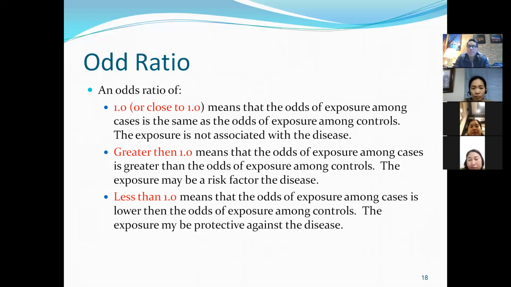But then we develop immunity to hepatitis A, and we don't get sick from hepatitis A after an acute episode, because the exposure is actually protective against the disease.